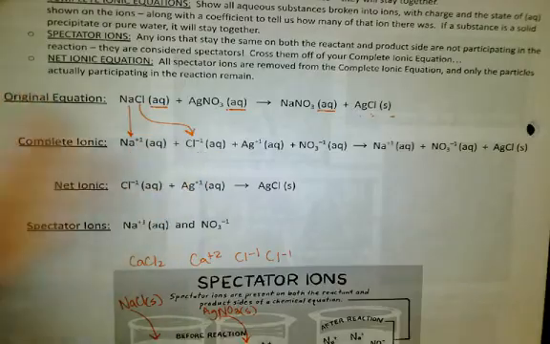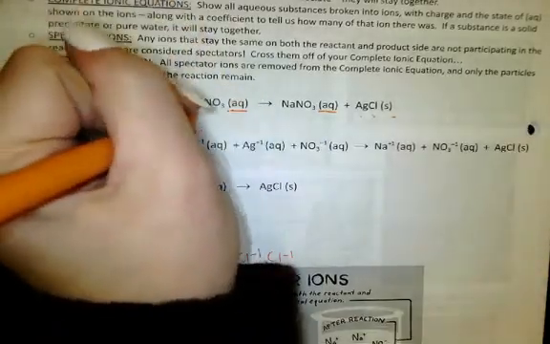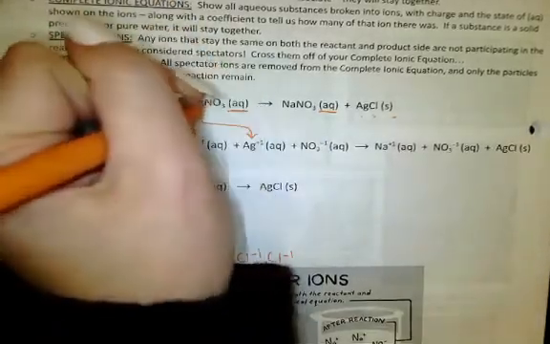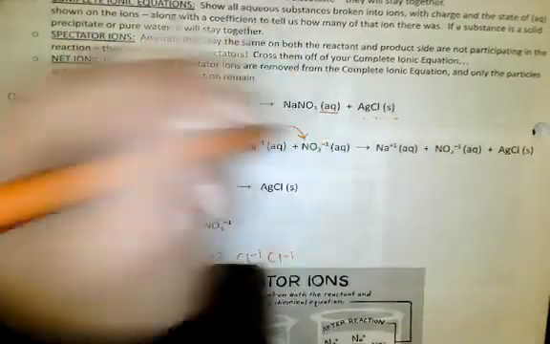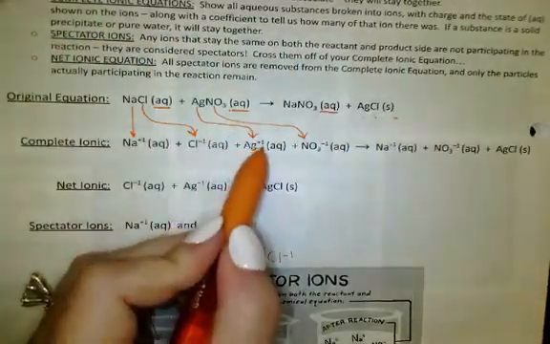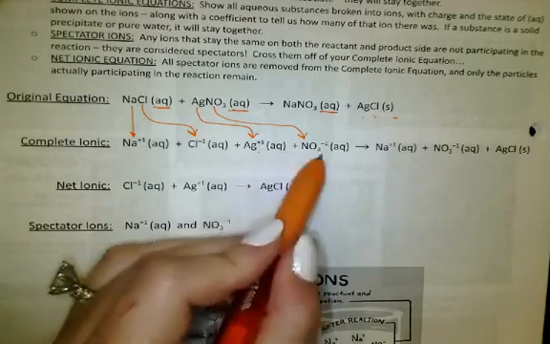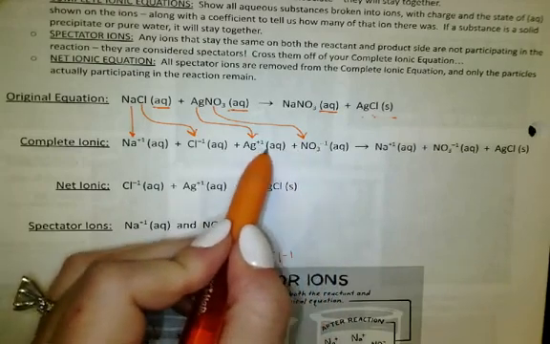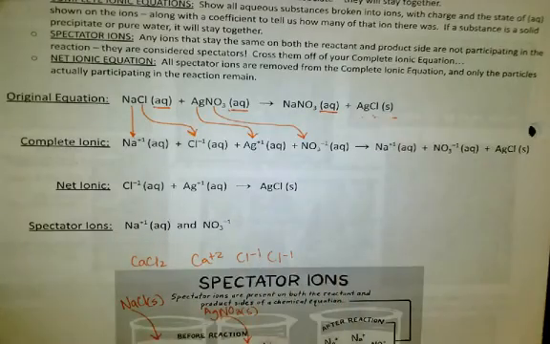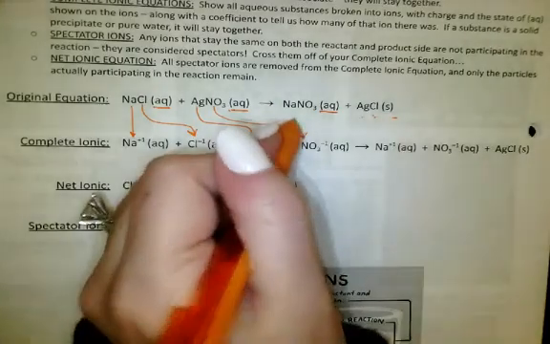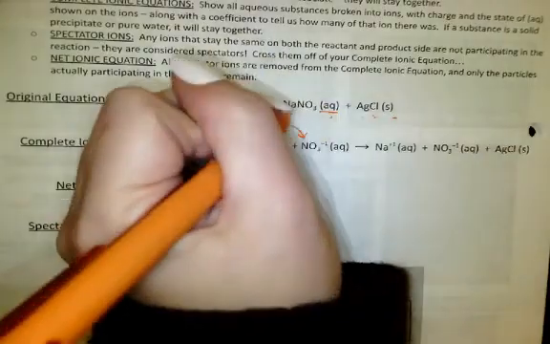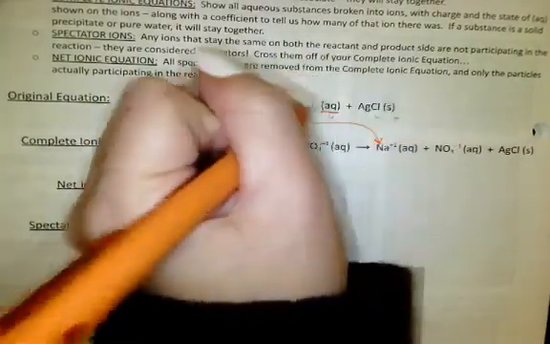They're just separated out. And then silver nitrate is aqueous. So we're going to have the silver and the nitrate. Now, again, one thing you want to notice is make sure you're putting those charges with it. Okay, we're showing that they separated out into their respective charges, and then again put that AQ next to it. Now, sodium nitrate is aqueous, so we're going to separate it out into sodium and nitrate.